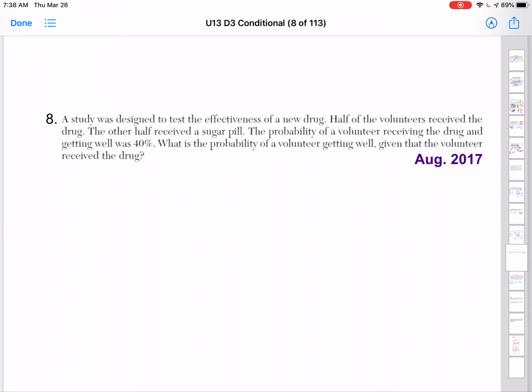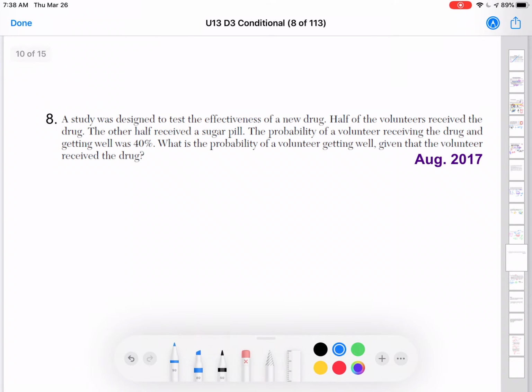Okay, 8. This was another Regents question. A tiny bit of trickiness happened in the very beginning. It says, a study was designed to test the effectiveness of a new drug. Half of the volunteers received the drug. The other half received a sugar pill. A lot of times when new medicine comes out, they make up 2 groups.